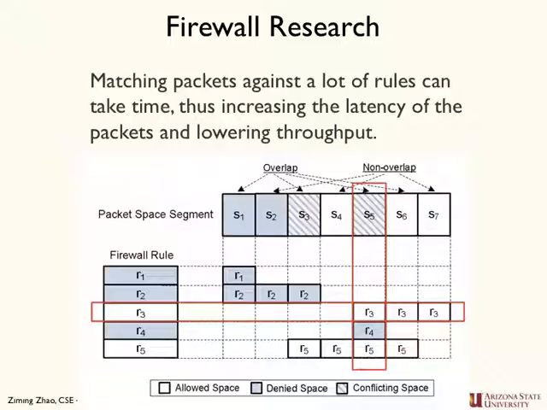So this can really speed up the firewall rule comparison. And another very interesting field of firewall research is related to the new network paradigm called software-defined networking. We also did something interesting there, so I will cover that when we talk about software-defined networking.